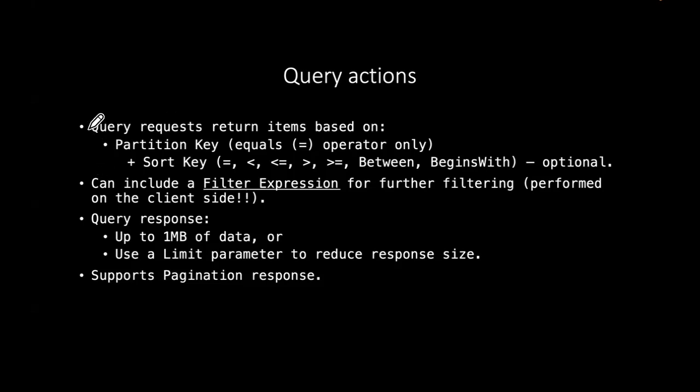So a query returns a collection of items where all of the items have the same partition key, but different sort keys. Now, a query could return a couple of hundred items. You can actually do filtering of that collection, but the filtering does not happen at the DynamoDB side. It happens at the client side, in our case, at the Lambda side.